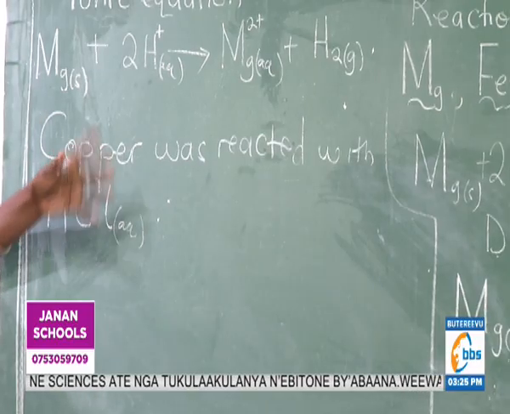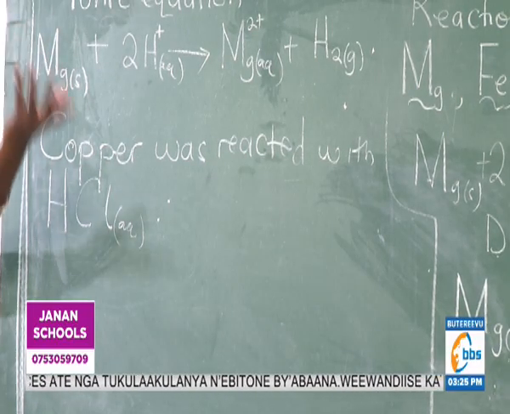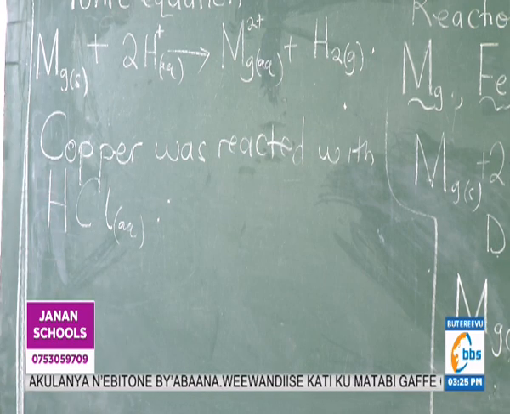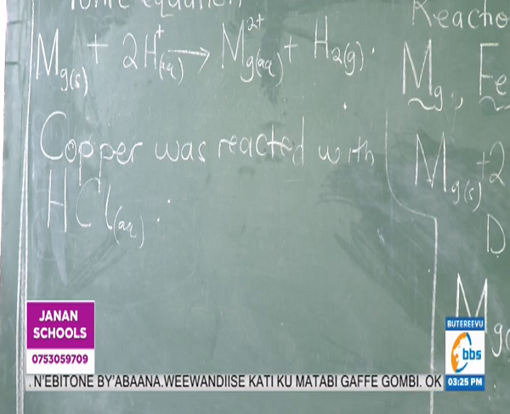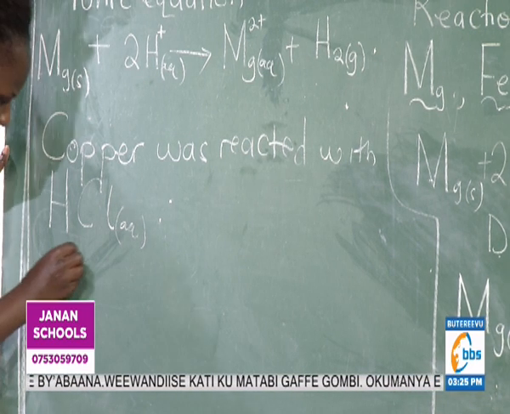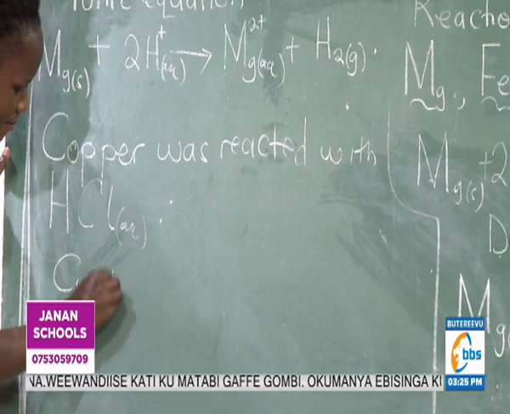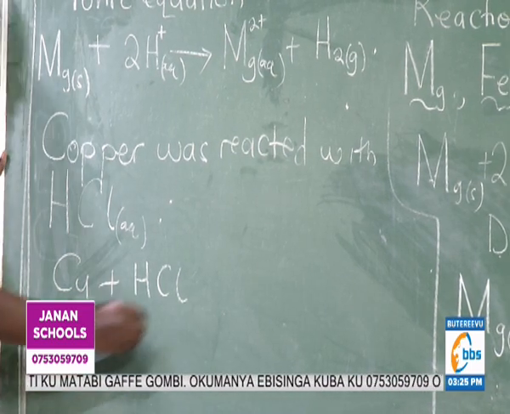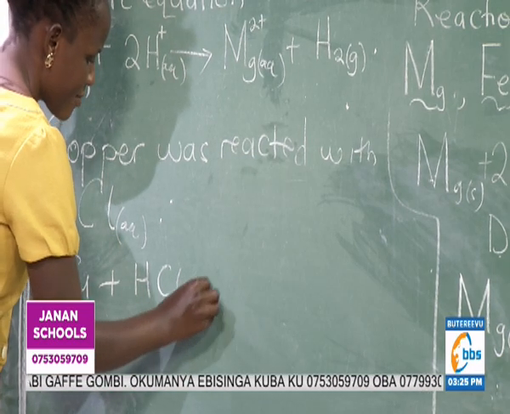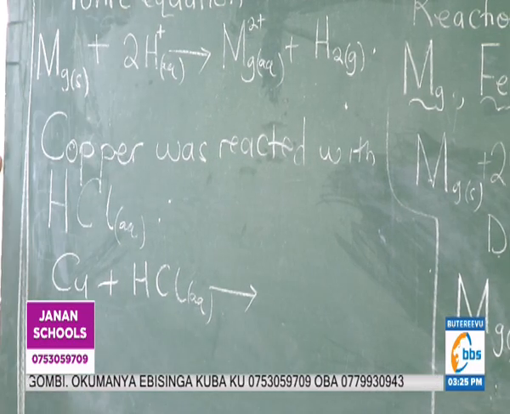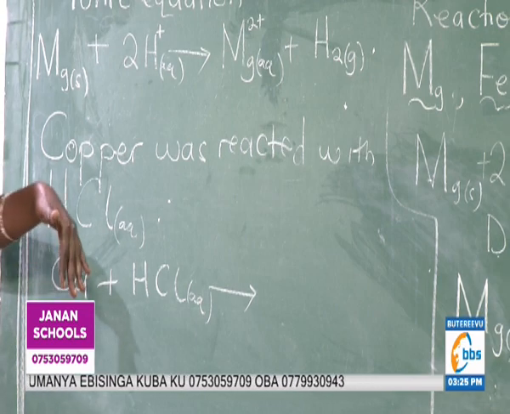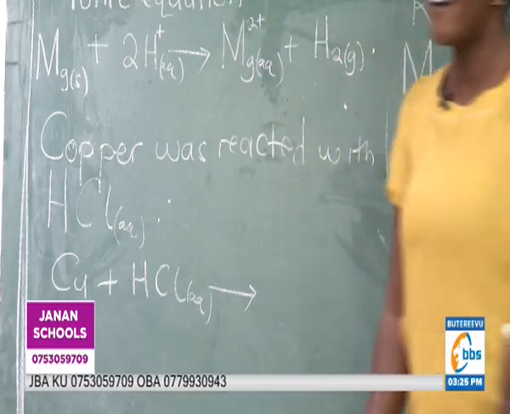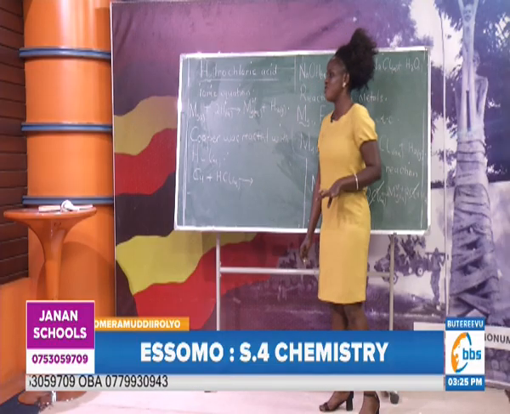And they told the students to write the observation, to write the equation, and then to explain the observation. What do you observe? Remember, that is our copper plus our hydrochloric acid. But from our reactivity theory, copper is just below hydrogen. Therefore, copper can never displace hydrogen.